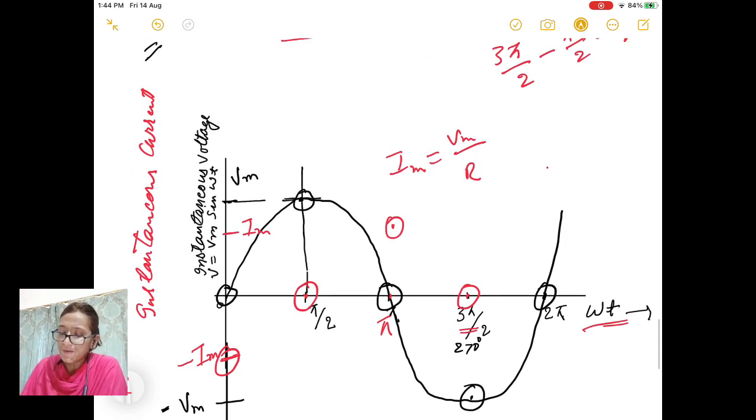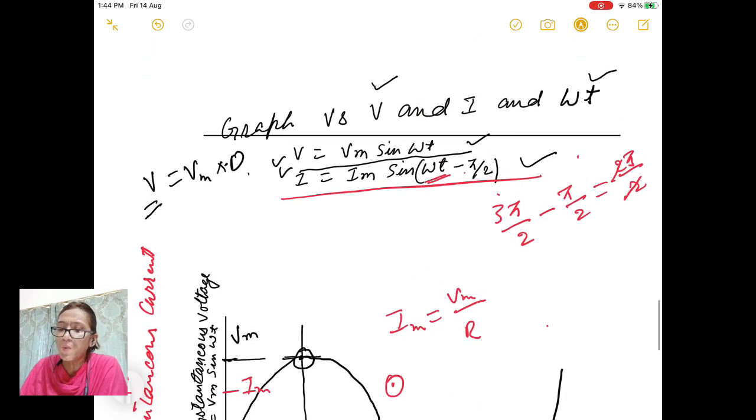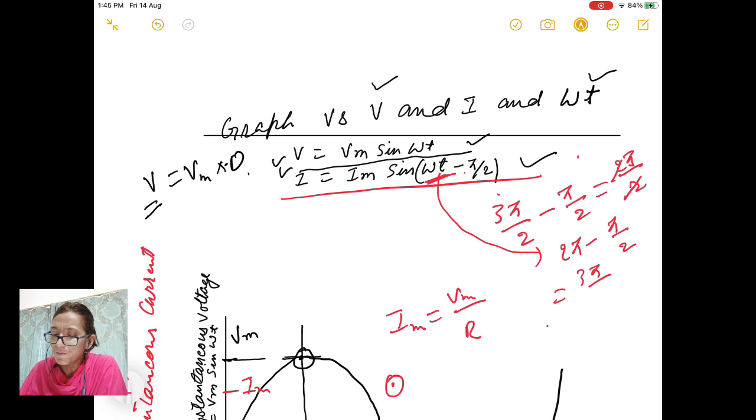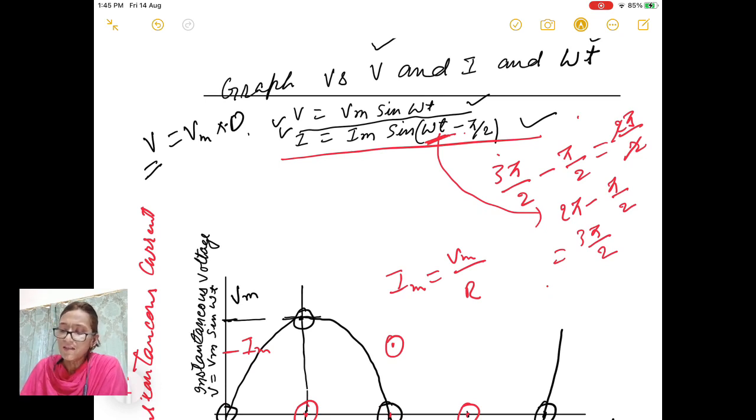And finally, when omega t is 2 pi, in place of omega t you write 2 pi minus pi by 2. So you are left with 3 pi by 2. So sine 270 degree is equal to minus 1, and minus 1 multiplied by Im.